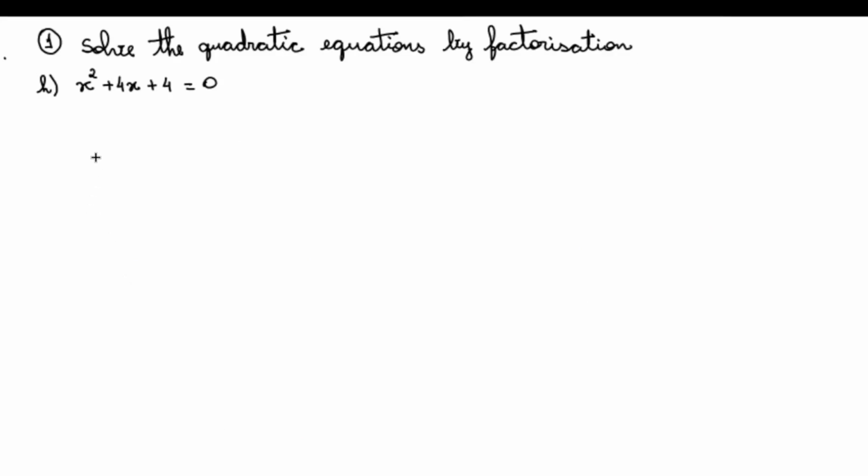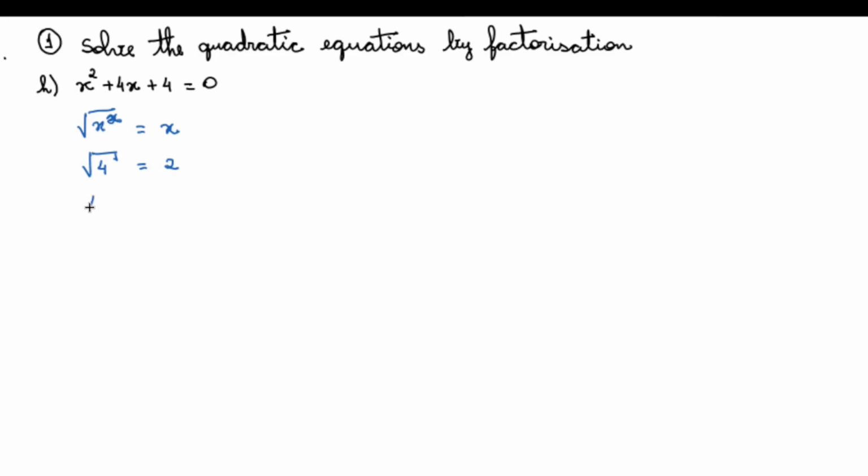Okay, let's check if the first and last terms are perfect squares. To do that, I have to take the square root of the first term and the square root of the last term. Now, if the middle term can be written as twice the product of the square root of the first term with the square root of the last term, we can apply the factorization.